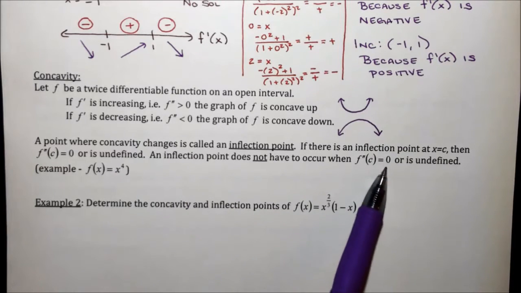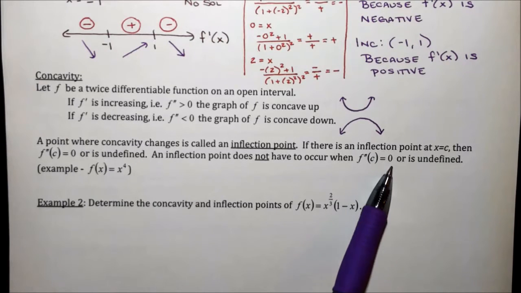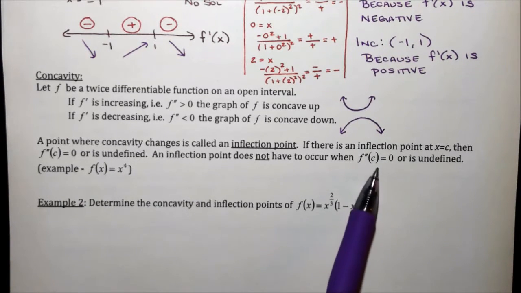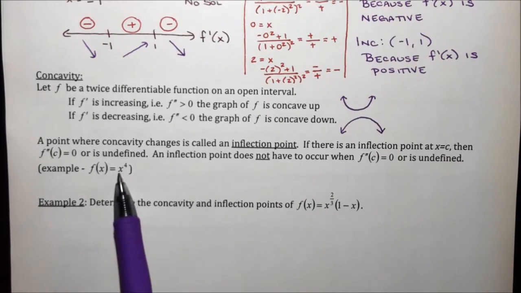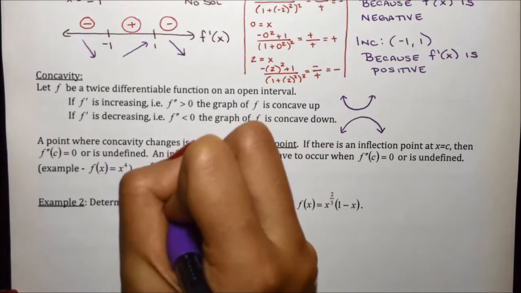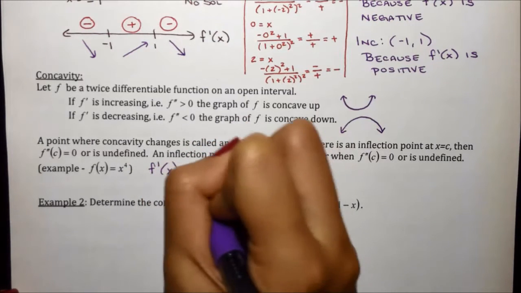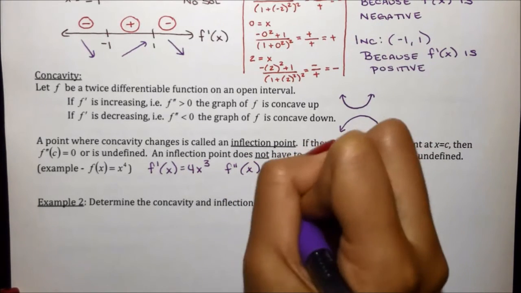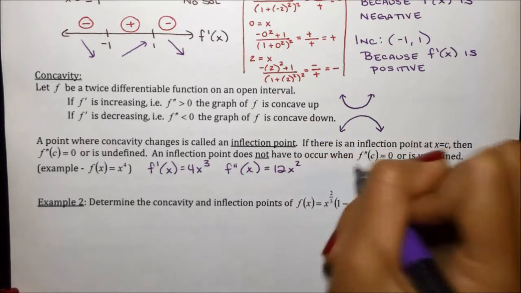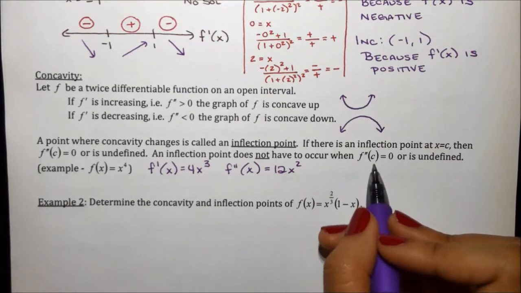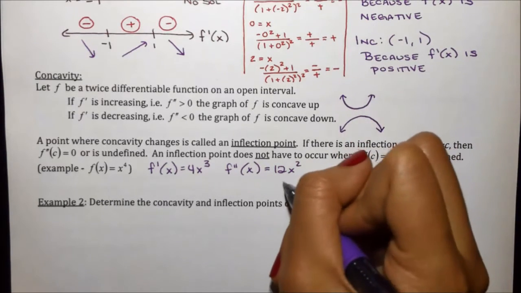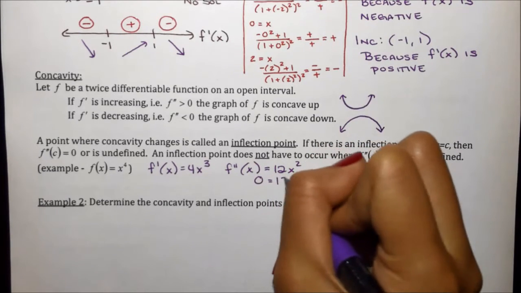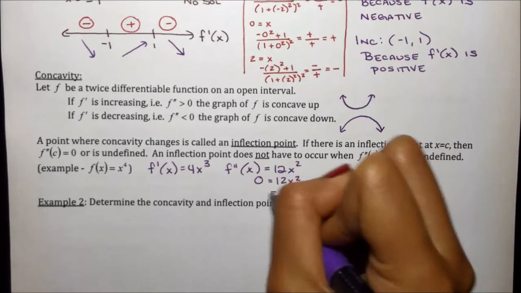Okay? Just because the second derivative equals 0 does not mean that there's a change in concavity. For example, if you took the second derivative of x to the fourth, the first derivative is 4x cubed. The second derivative is 12x squared. If I set this equal to 0, then x is going to equal 0, right?